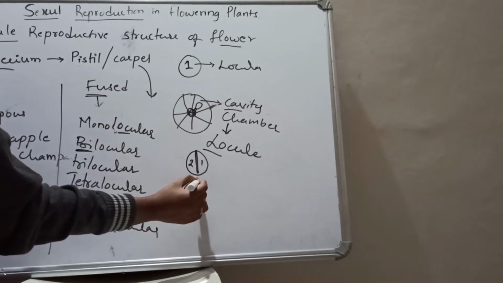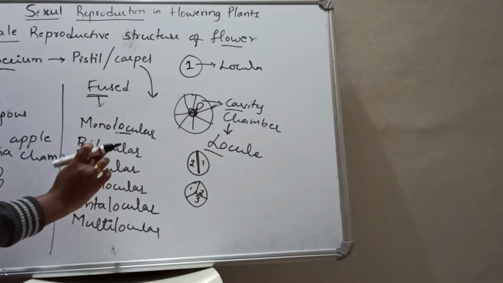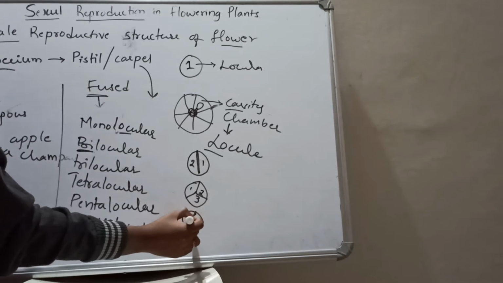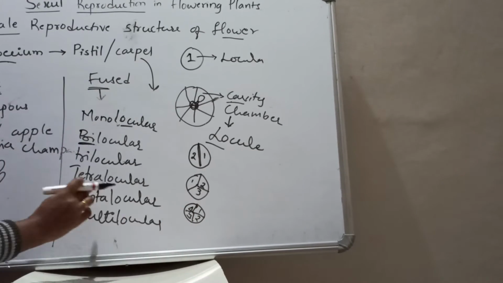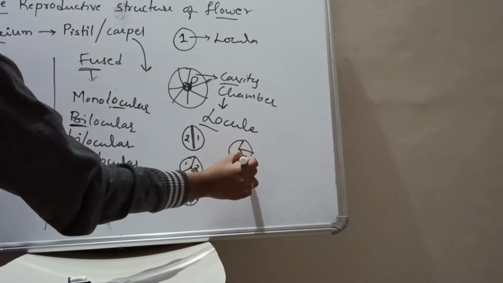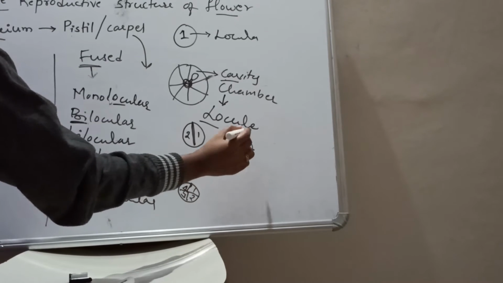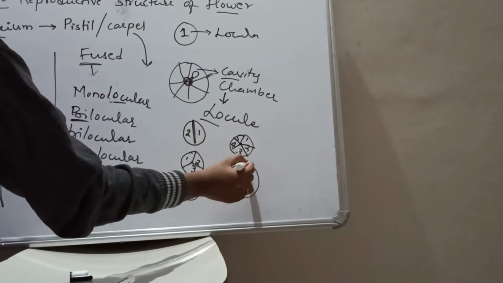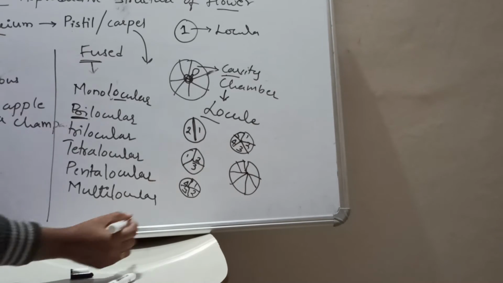If the carpel has three locules, that is called trilocular. If the carpel has four locules, that is called tetralocular. If the carpel has 5 locules, that is called pentalocular. More than 5 locules is called multilocular or polylocular.